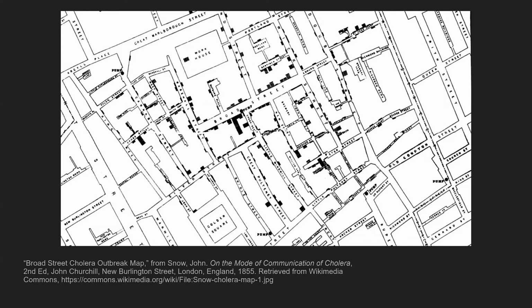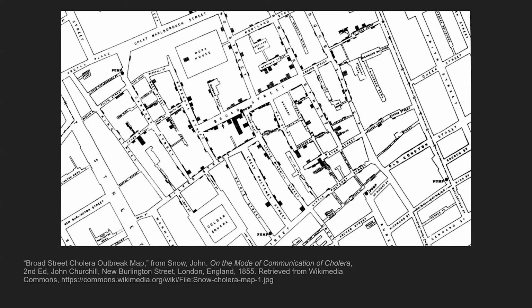And so it was believed before this investigation that cholera was spread from poor person to poor person and could not be contracted by wealthy people, except there weren't that many occurrences in this workhouse, but there were a lot in these areas just on the one side of Broad Street, which was predominantly wealthy.